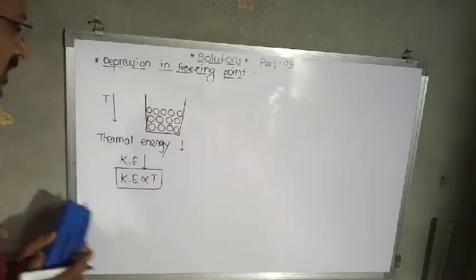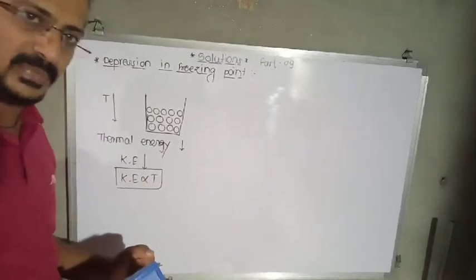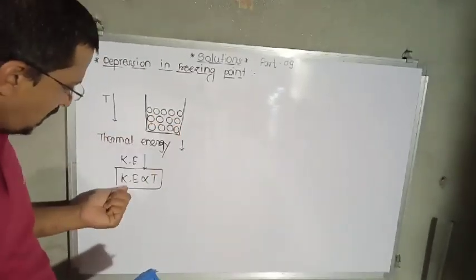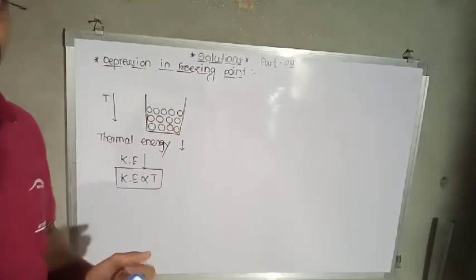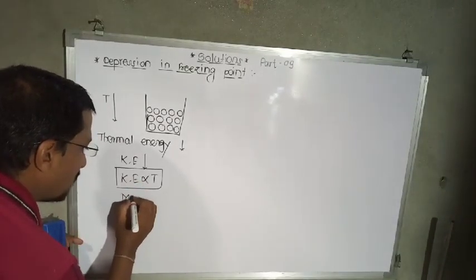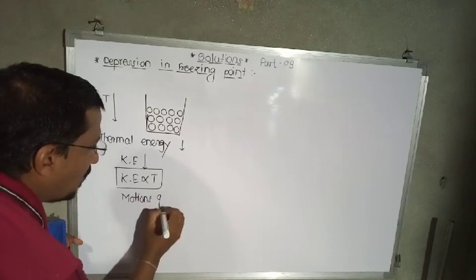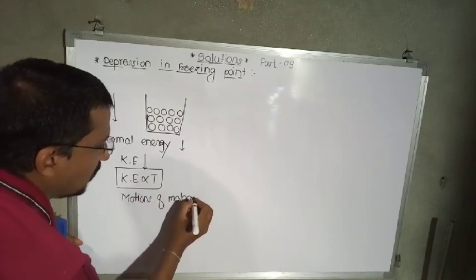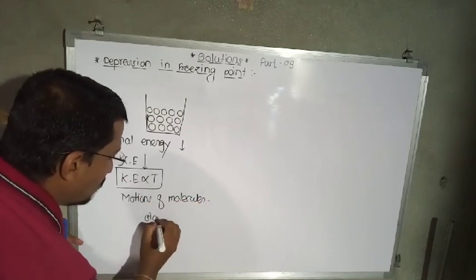We know that kinetic energy is directly proportional to temperature. So as you decrease the temperature, automatically, indirectly, kinetic energy decreases. And as kinetic energy decreases, the motions of molecules become more and more slower.